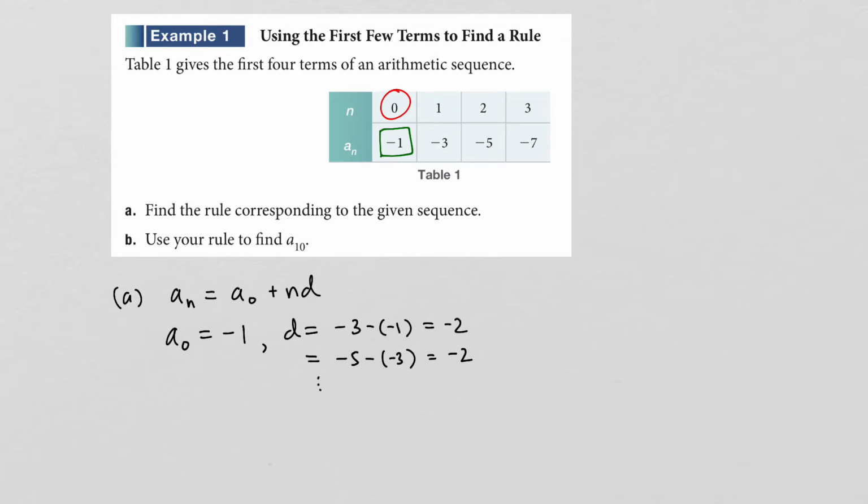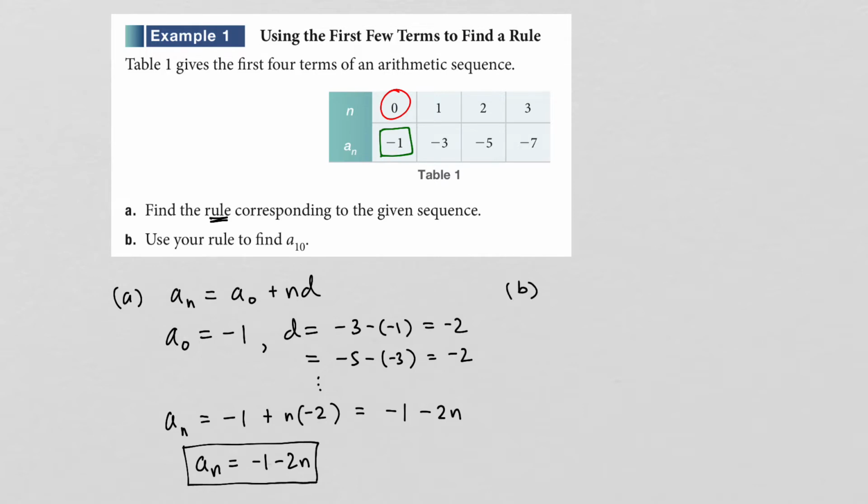Once I have that information, the rule corresponding to the given sequence is a_n equal to the first term, right? a_0 is the first term, which is -1, plus n times d, and we know that d is -2. So this is equal to -1 plus n times -2, that's going to be minus 2n. So the rule is a_n equals -1 minus 2n.